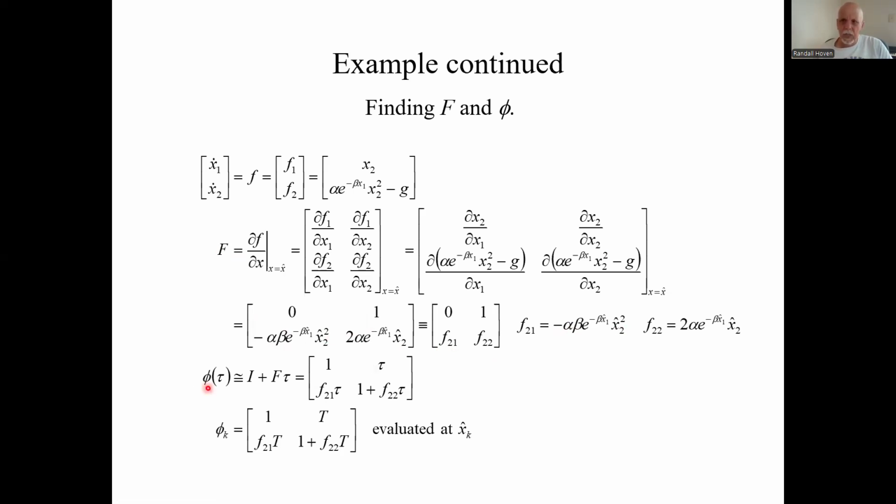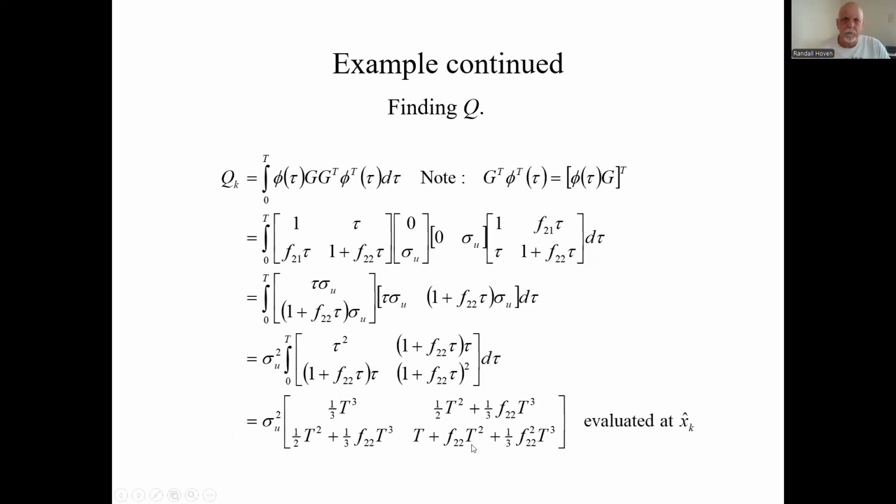Then your phi is calculated from that. This was a result of a truncated matrix exponential. We talked about that. So in our case, this, and for the phi at this particular time step, you just replace all these taus with the actual time step, capital T seconds, whatever it is. All evaluated at your current estimate.